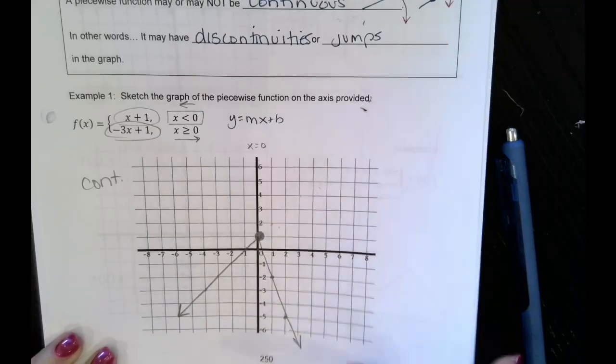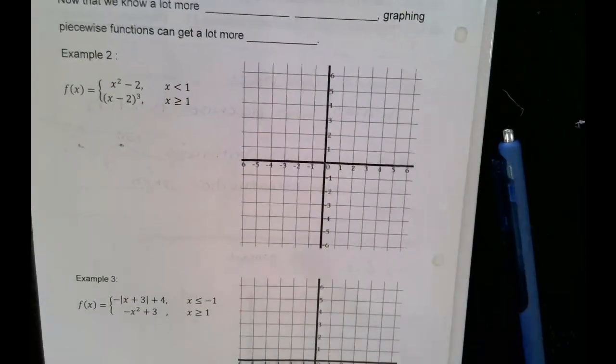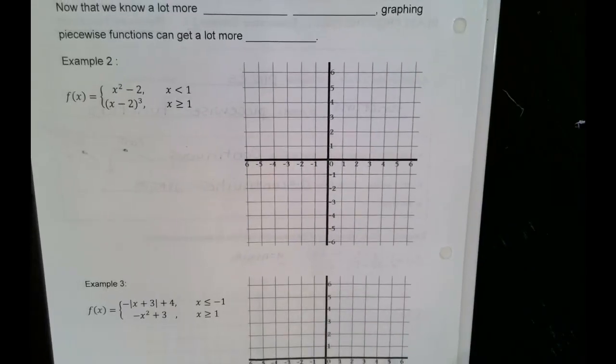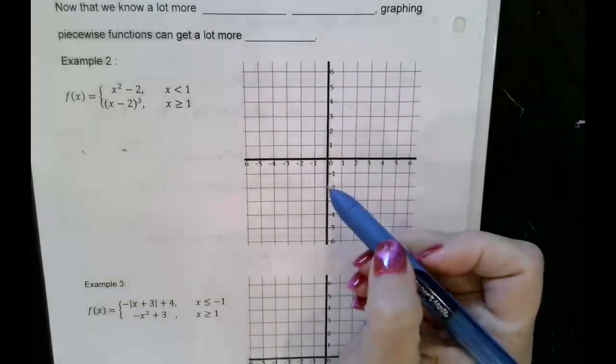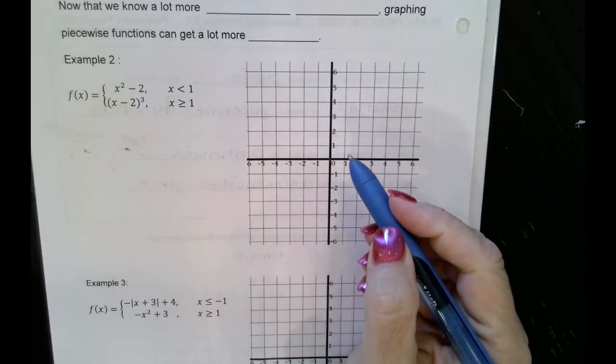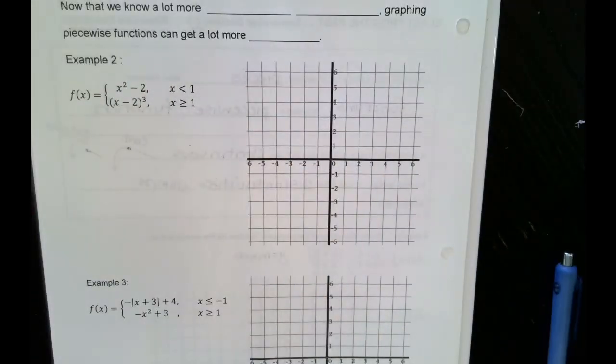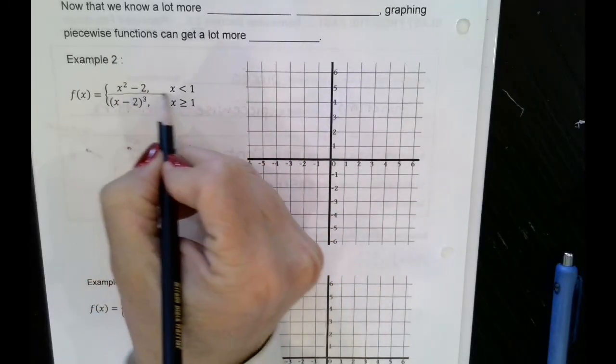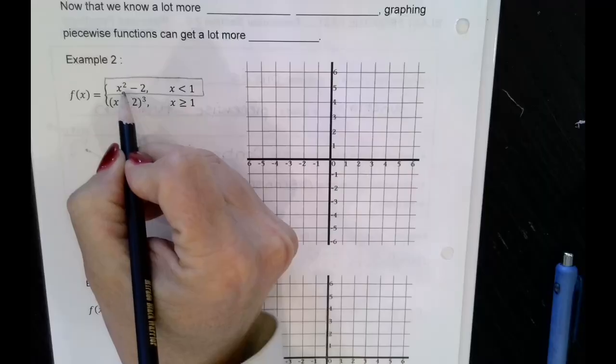Okay. All right. So now let's go on and look at some more difficult ones. So now that we know a lot more functions, we're going to go in here and we're going to graph these differently. So I'm going to do this in pencil. First thing I'm going to do is look at my top function right here. And my top function is x squared.